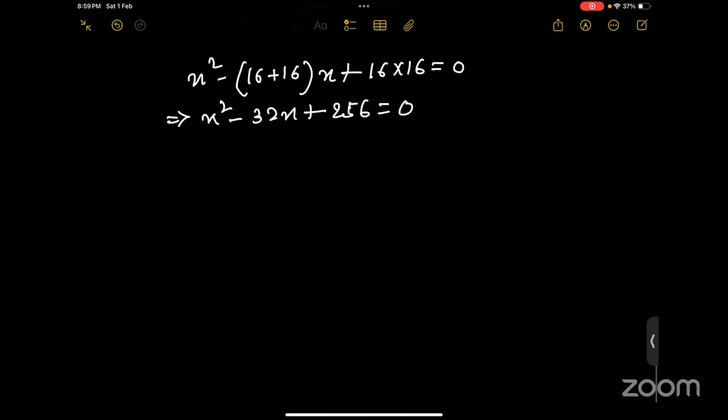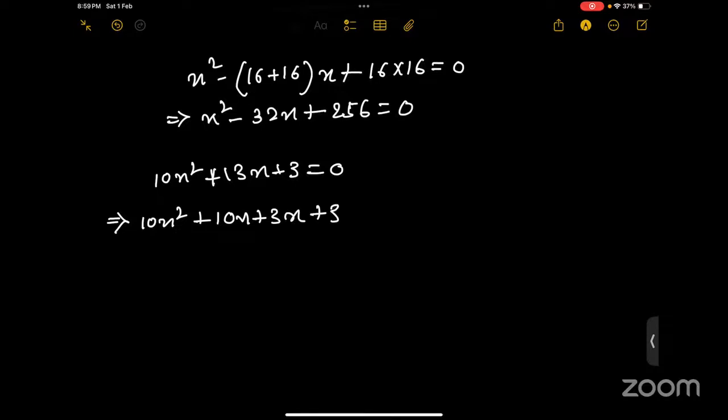For the same example, we had 10x squared plus 13x plus 3 equals 0, right? So we can split the middle term. This 13 can also be written as 10x plus 3x, right?